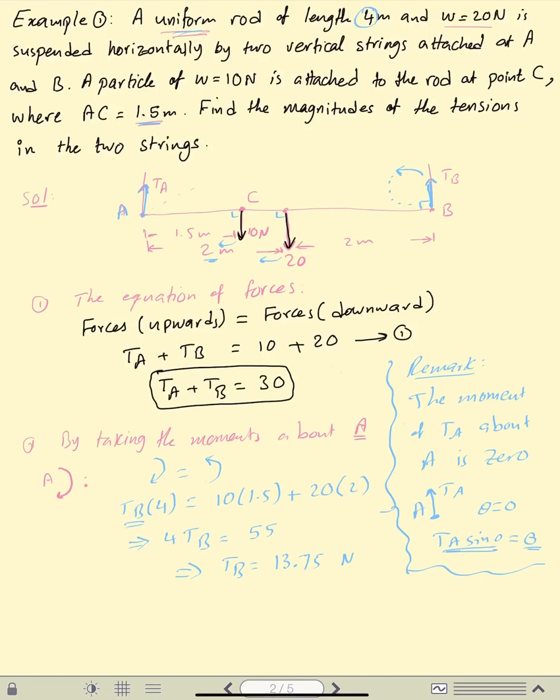To find TA, which is the tension in the other string, since TA plus TB is equal to 30, so TA plus 13.75 is equal to 30, so TA is equal to 16.25 newtons. Simple like this. We might be asked, of course, different questions in the exams, like the coming 2 questions for today.